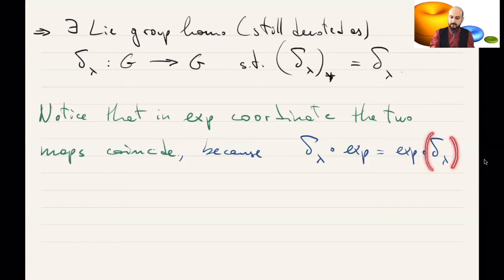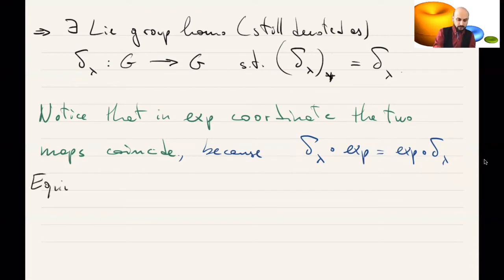Then I put here the star. Right? So this is true for all automorphisms. Okay. Equivalently, one can define this delta lambda directly on the group.